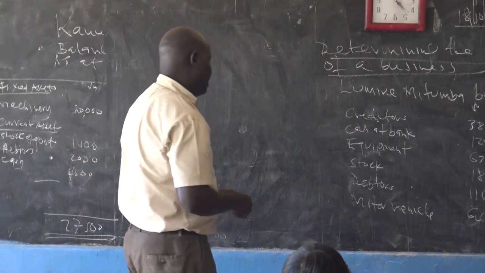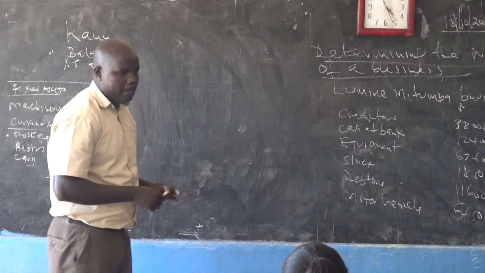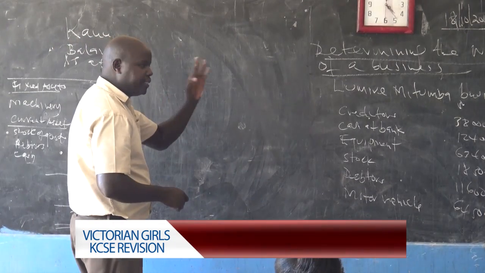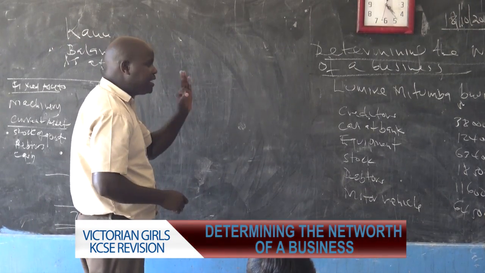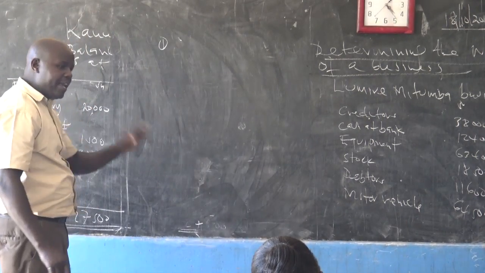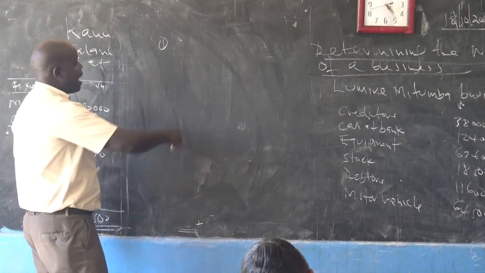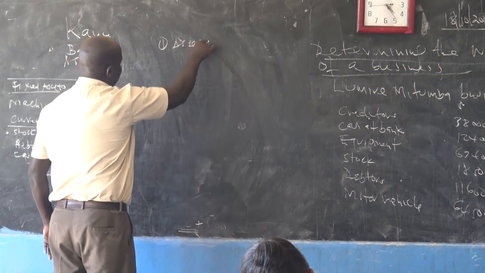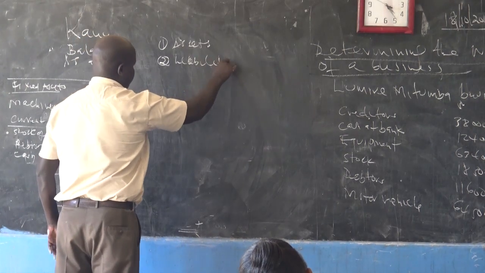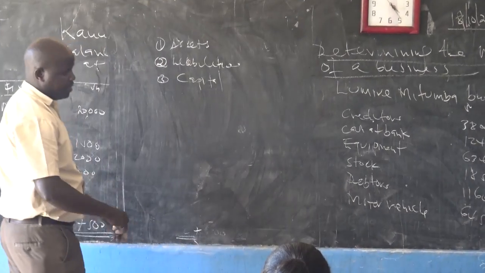Are you getting it? Now, students, for us to prepare a balance sheet, what 3 items do we require? One, assets. Two, liabilities. Three, capital.